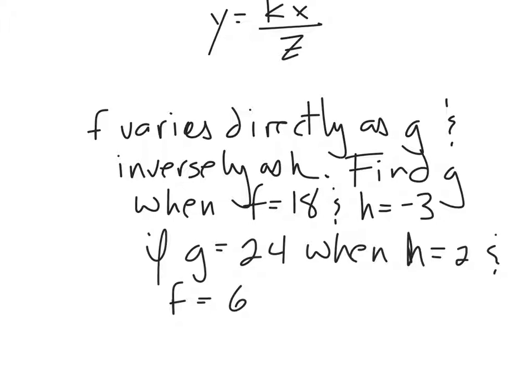A lot of information in these, right? Okay, so we start to parse it out. First thing I need is my equation. So I'll come up to that first statement up there. F varies directly as G and inversely as H, which leads me to F equal to KG over H. Make sense? Okay.